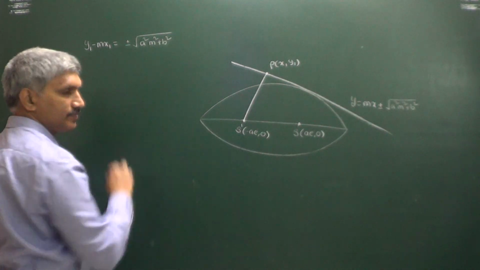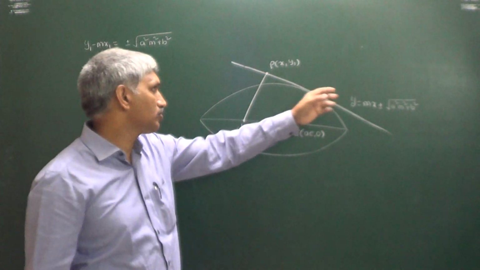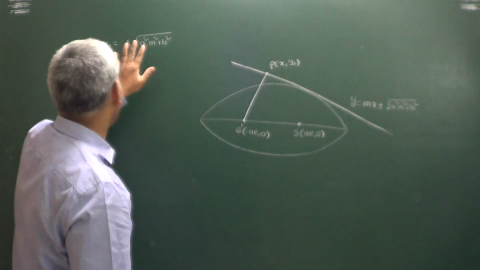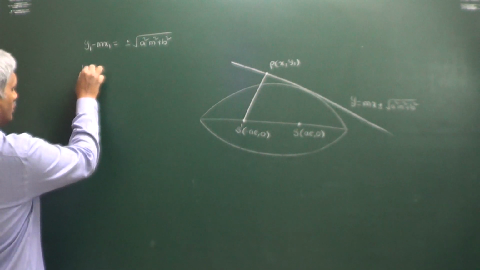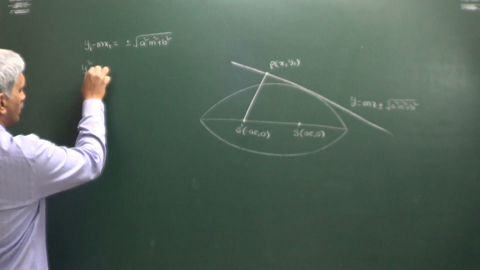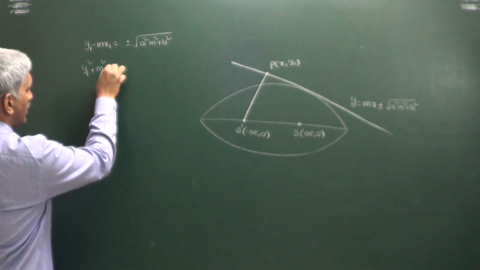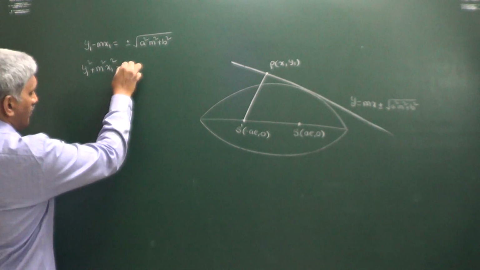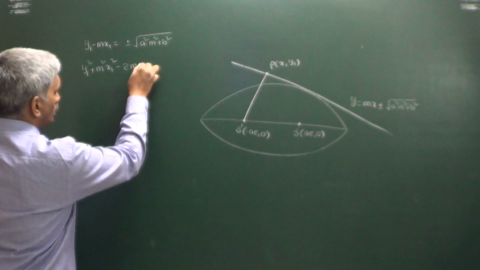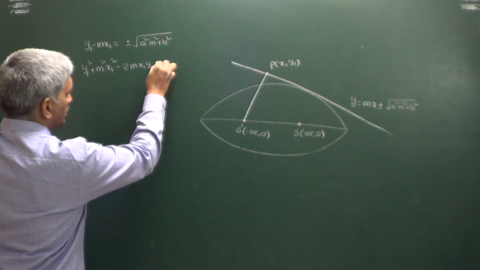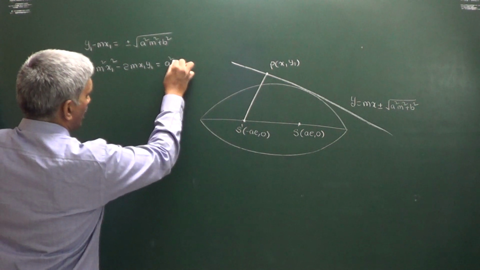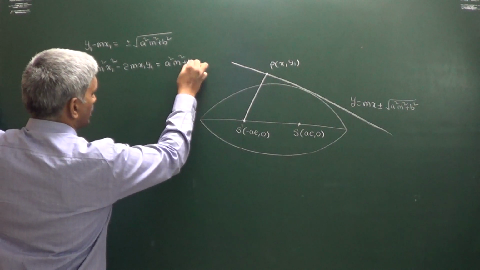This we can write as y1 square plus m square x1 square minus 2m x1 y1 equals a square m square plus b square.